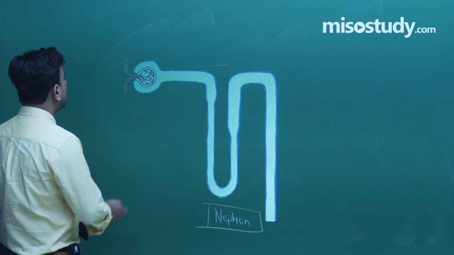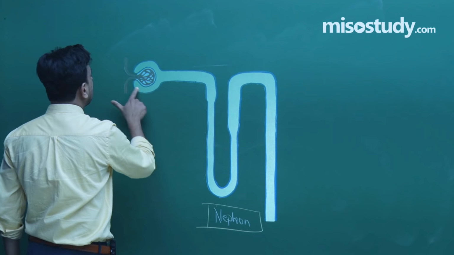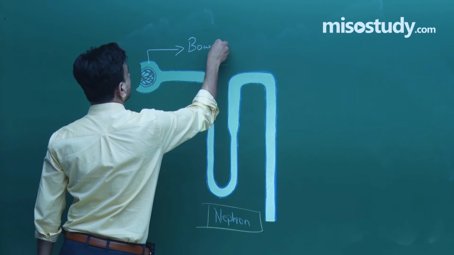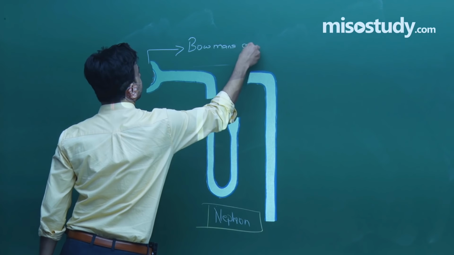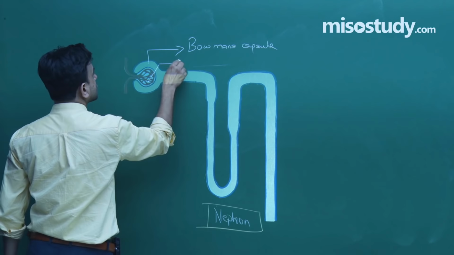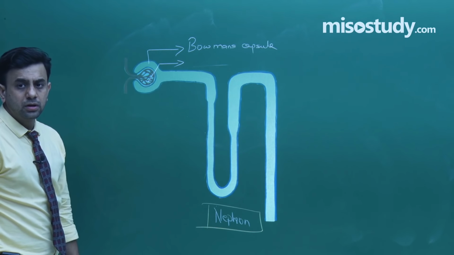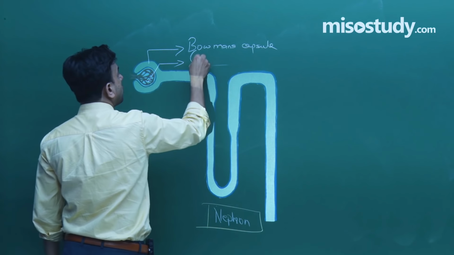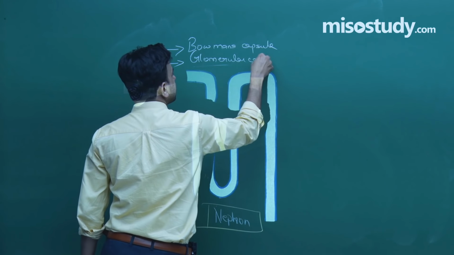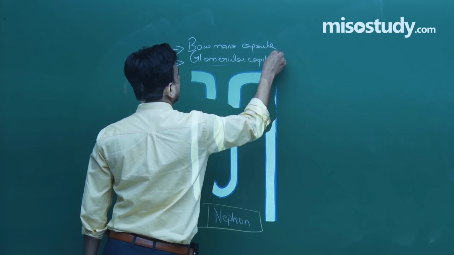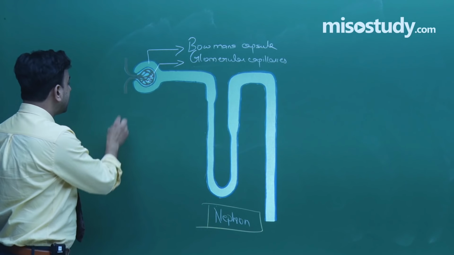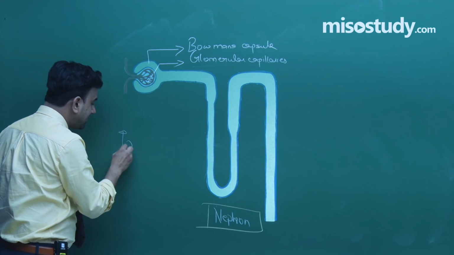Let us talk about this, which looks like a cup. We will call it the Bowman's capsule. And this is a collection of capillaries called the glomerular capillaries. Now once again, what is happening? This is the renal artery.